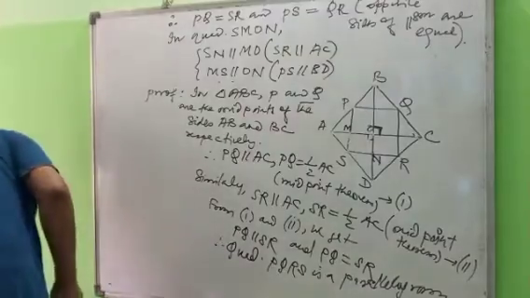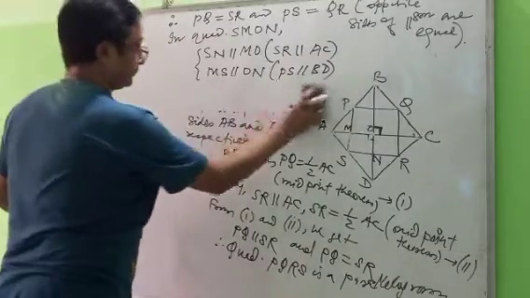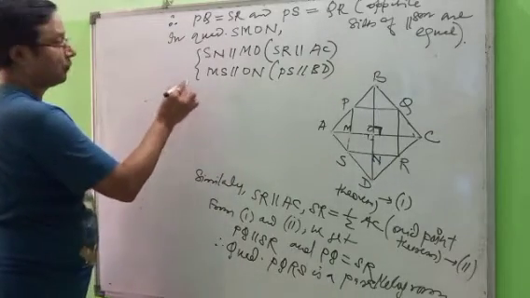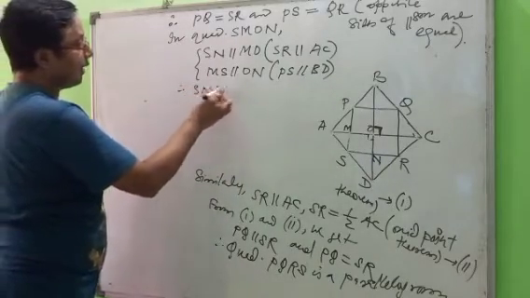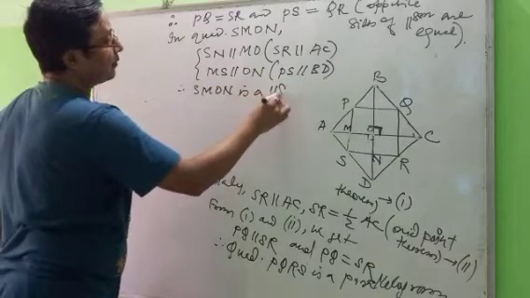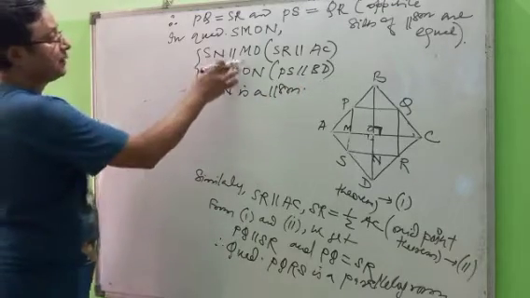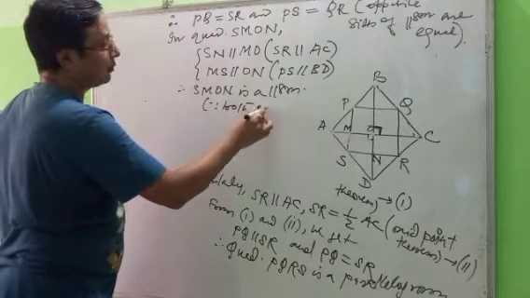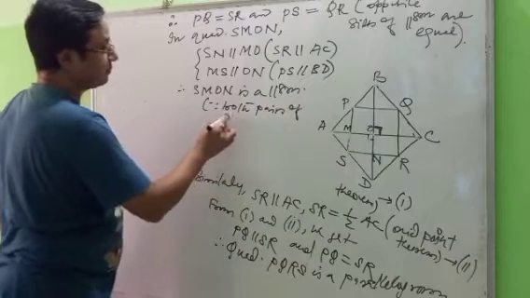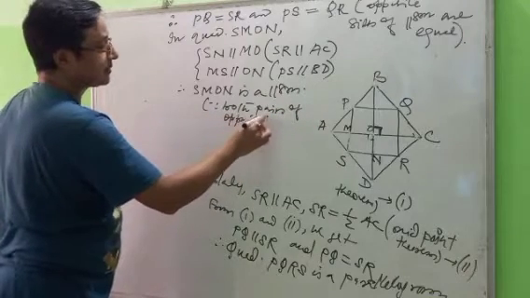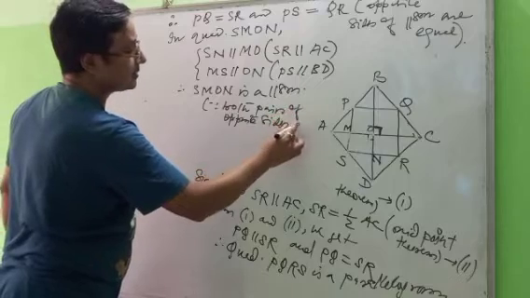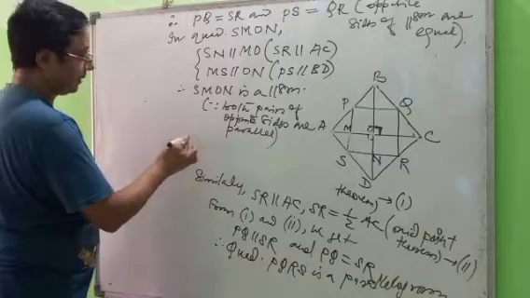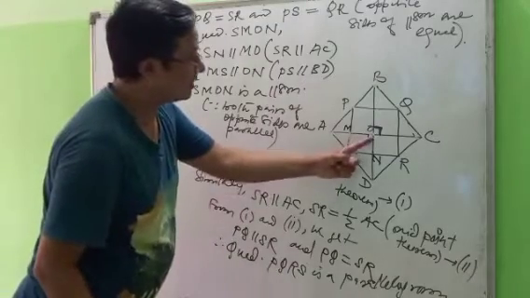Therefore, SMON is a parallelogram. Since both pairs of opposite sides are parallel, therefore opposite angles are equal.